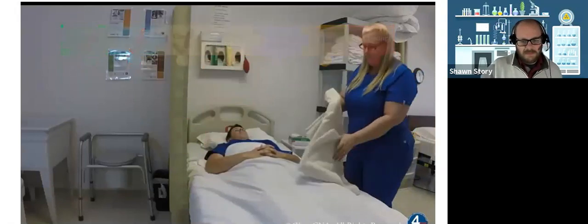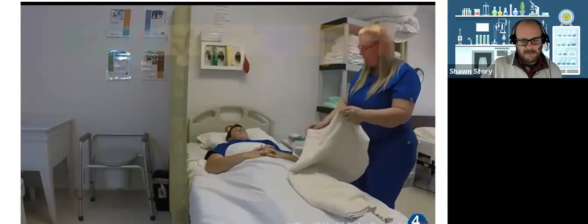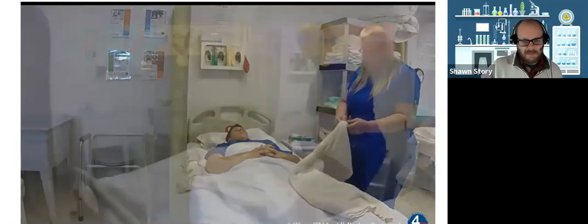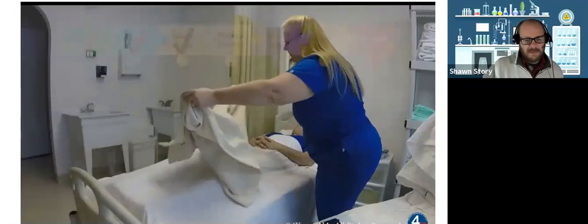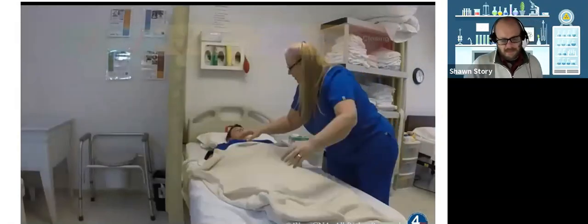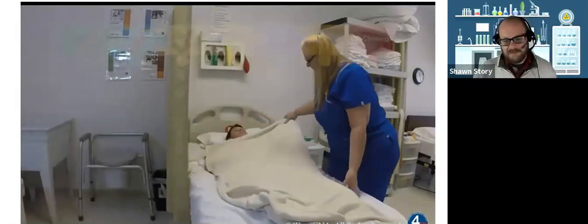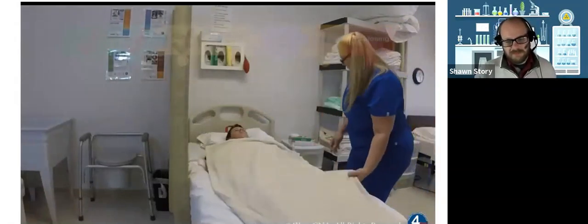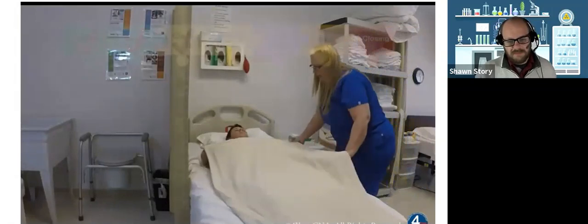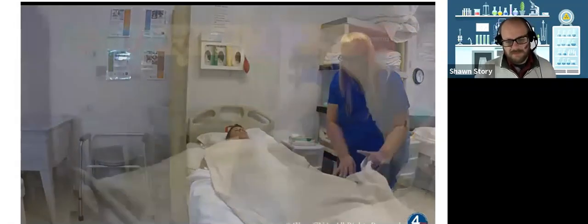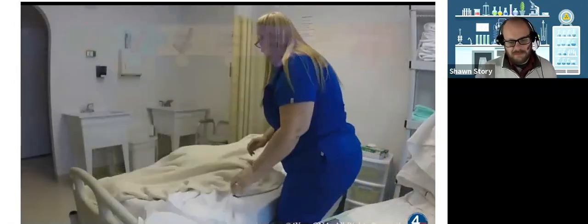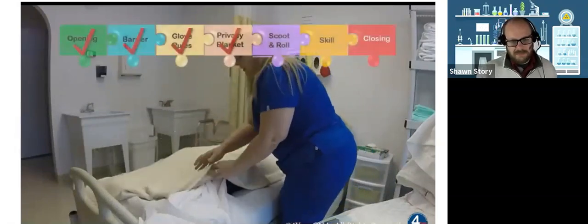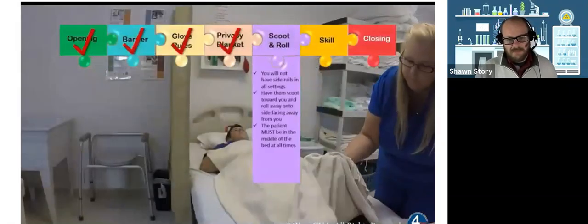Mr. Jones, I'm going to place this blanket over you, and this will help keep you warm and protect your privacy while we do this skill. Once I have the blanket in place, then I'll pull the sheet down underneath the blanket, making sure the patient remains covered at all times.